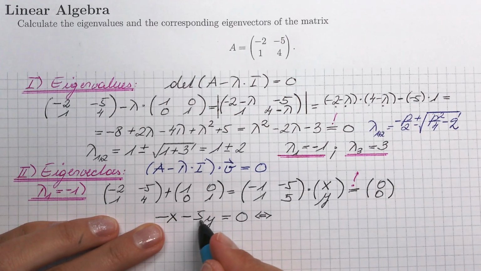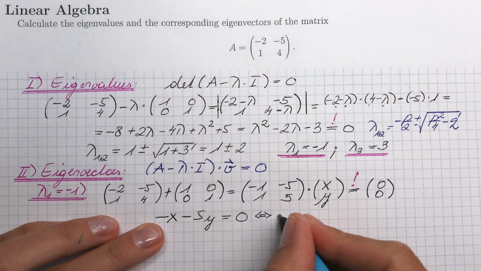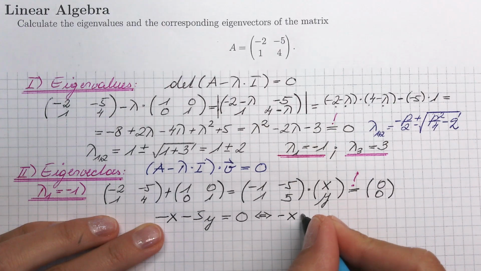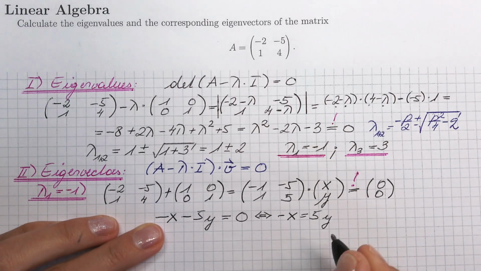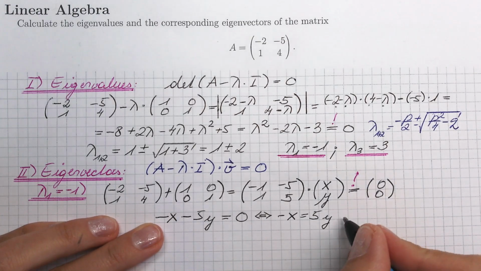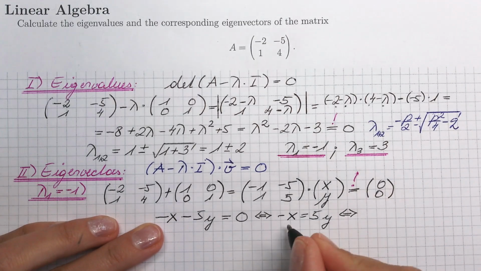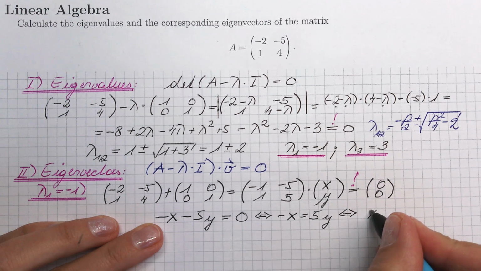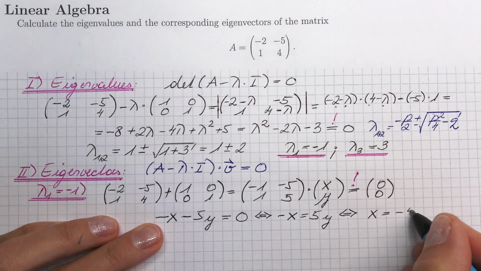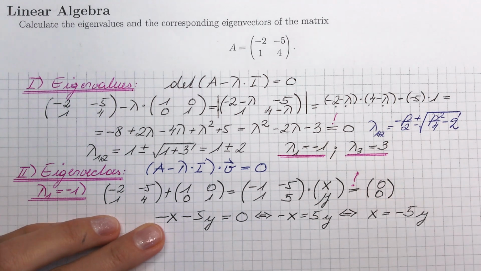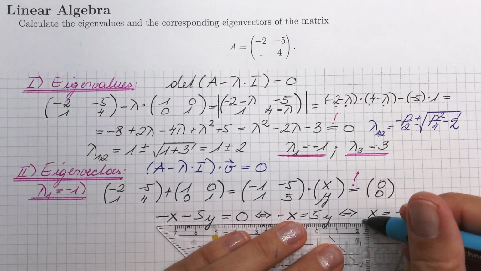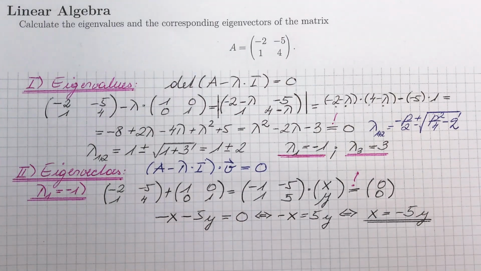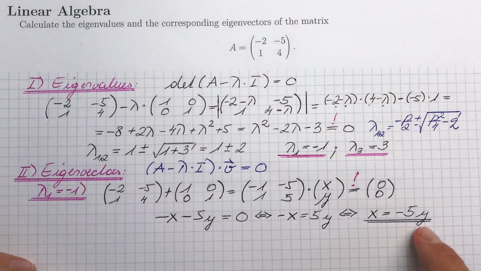Now we put 5y to the right side, and we get minus x equals 5y, and again we want to have x, so let's multiply it by minus 1, and we get x equals minus 5y. That's already a nice result, because what we can do now is choose any value for y.